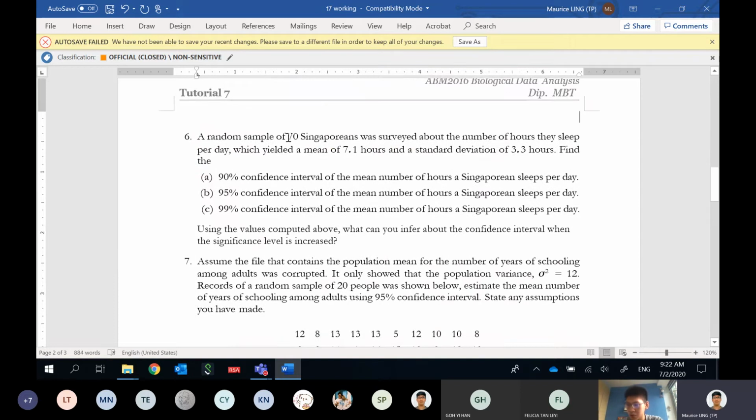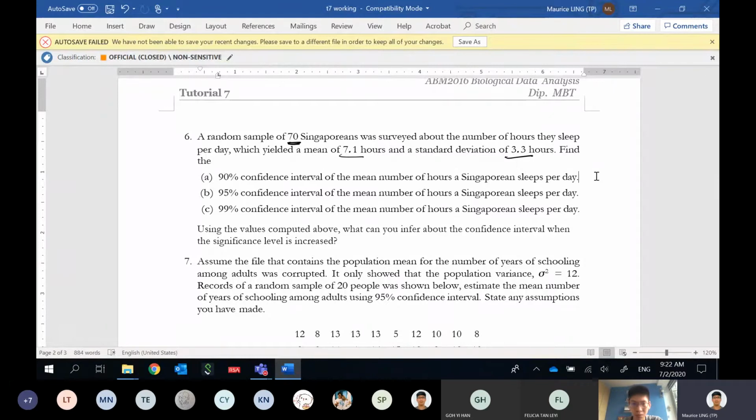We have a random sample of 70 Singaporeans surveyed for the number of hours they sleep. They yield an average of 7.1 and a standard deviation of 3.3. Find the 95% confidence interval.